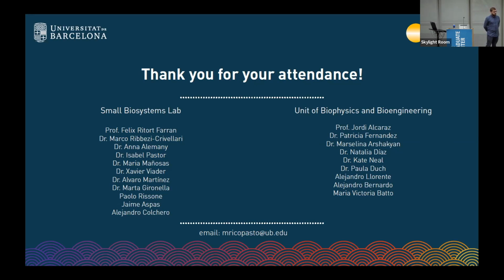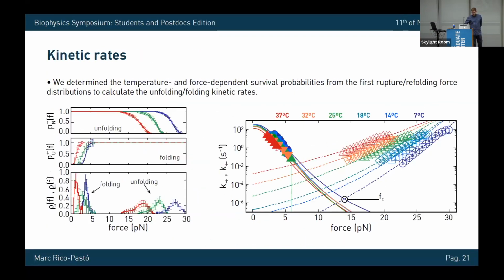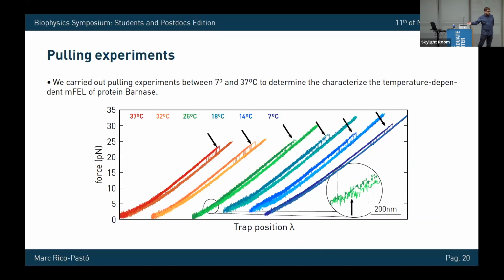Well, basically, when you have these kinds of experiments, you can use the fluctuation theorem that relates the energy to open with the energy to close. Or you can do what I did, which is basically classifying events depending on whether you are opening or closed. The problem with the methodology of the fluctuation theorem is that you need to subtract the stretching contributions, and these contributions depend on the elastic properties.